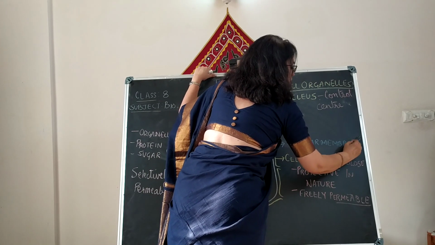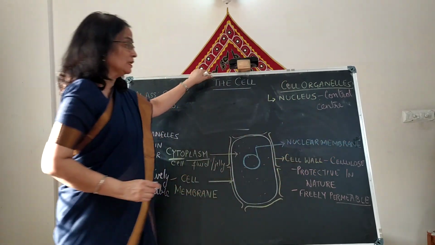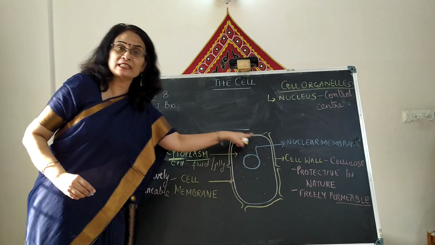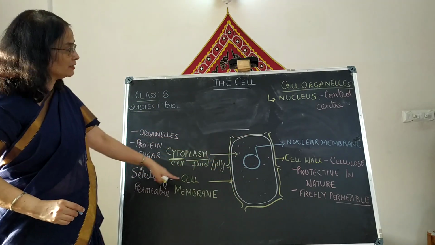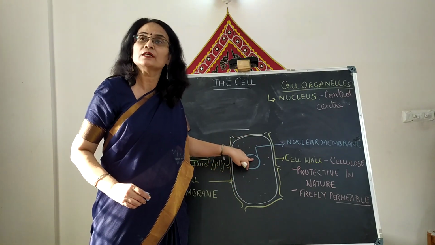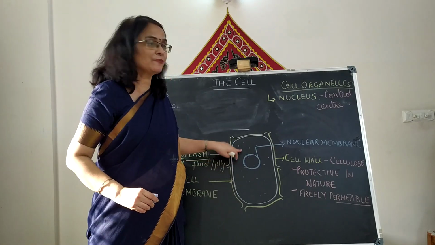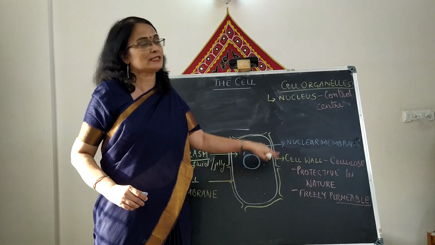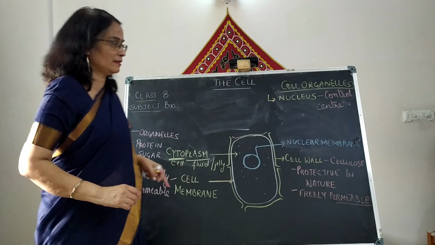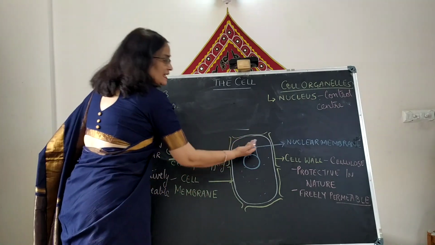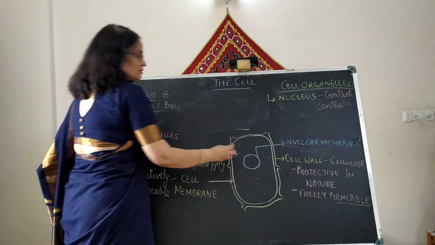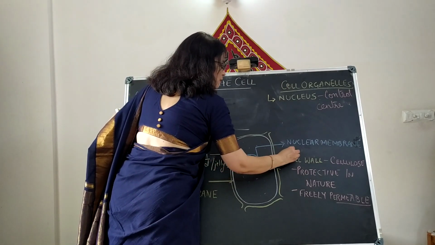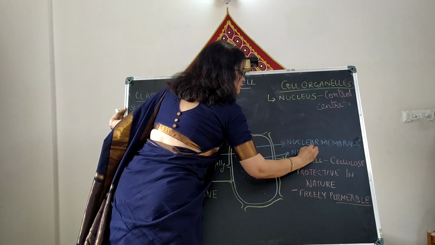You remember how we called the covering of the cell the cell membrane? Similarly, we call the outside membrane covering of the nucleus the nuclear membrane. And inside, as the cell had cytoplasm, this has what we call the nucleoplasm.